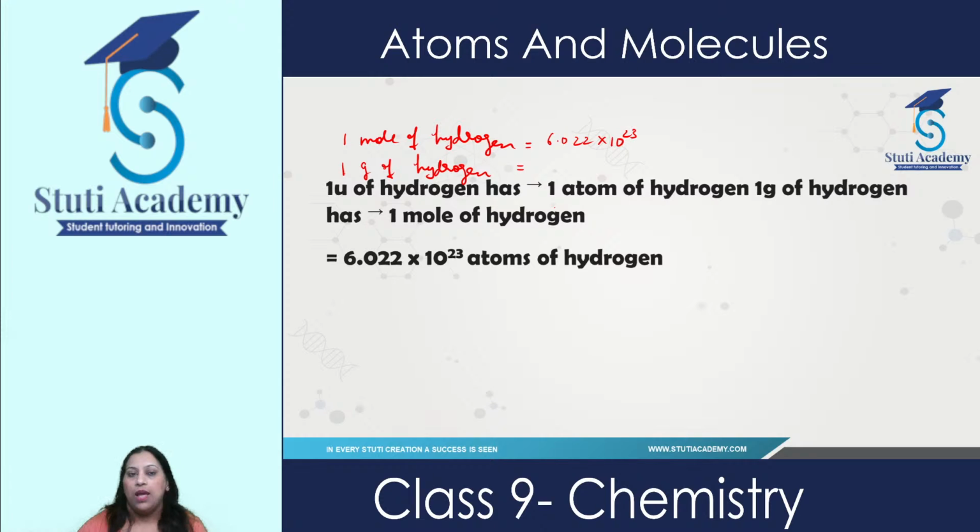So if in a question this much gram of any element is given, suppose calcium, and you need to calculate its molar mass, how will you calculate? Just multiply that given gram by this Avogadro's number and simply you will get the answer.